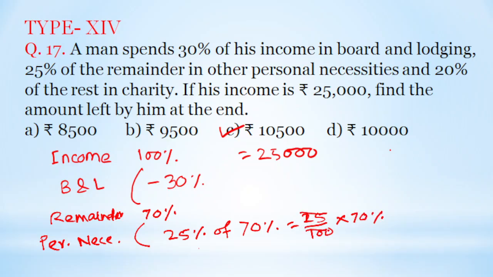So this is equal to 1 by 4. When this 70% is divided by 4, it becomes 17.5%. Now this is to be deducted because that man spends this percentage on personal necessities. So after deduction it becomes 52.5%.